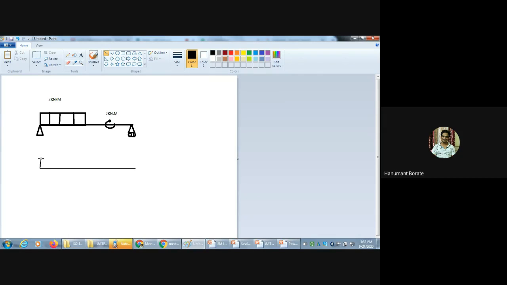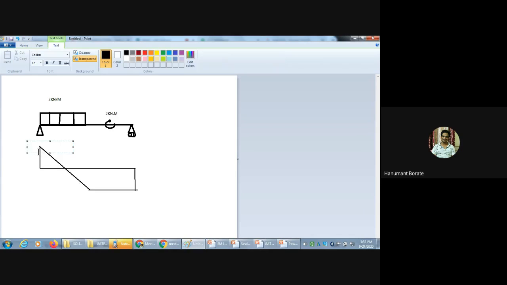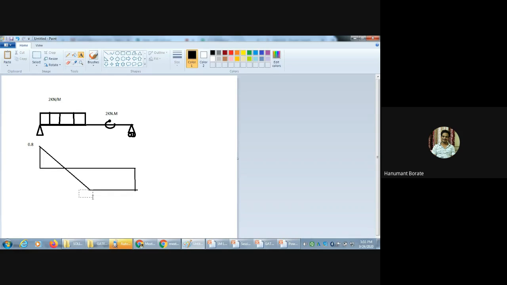Here I got the value 0.8, then minus 1.2. So here the value is 0.8, here minus 1.2.